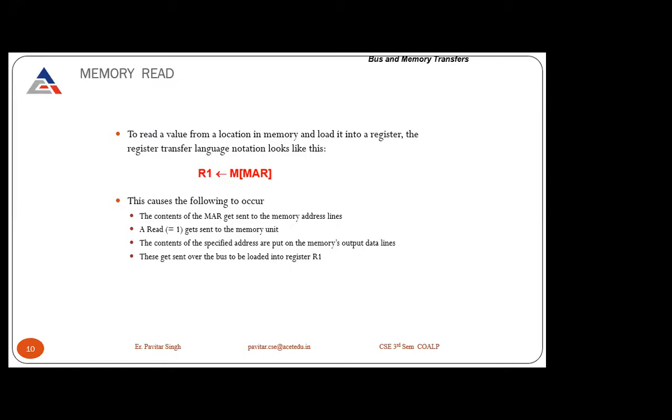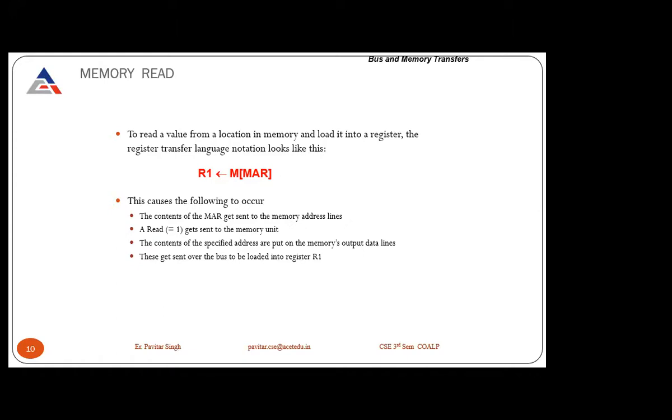First of all, you should know the location where the contents are stored. You should know the address of the memory. After getting the address, the value of read becomes 1 and the contents of M[AR] will be transferred to the R1 register using data output lines.